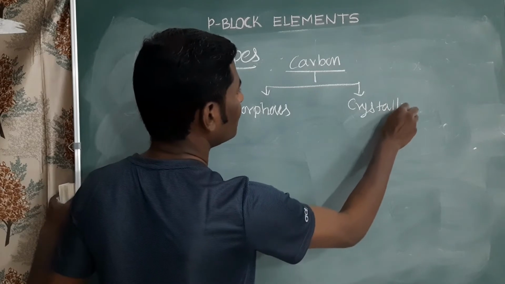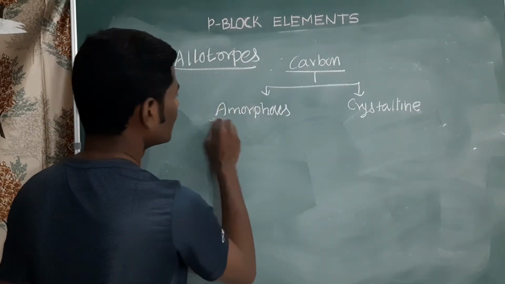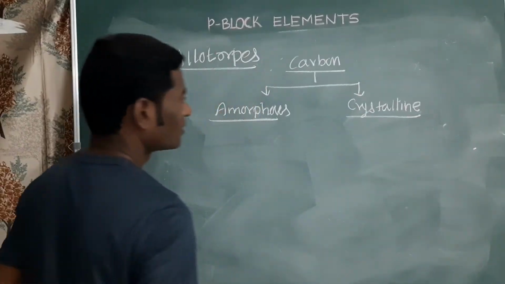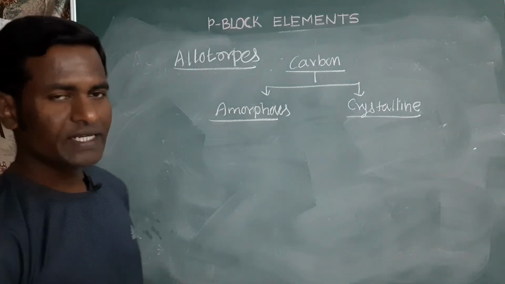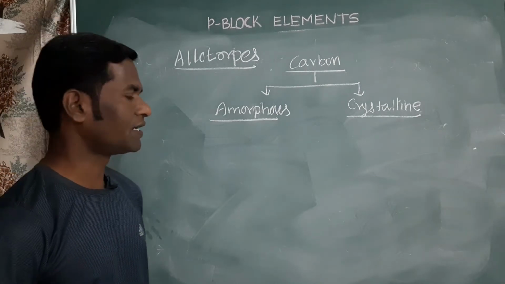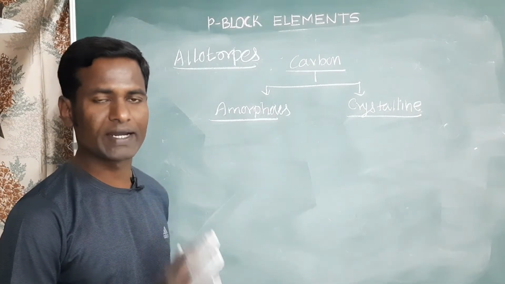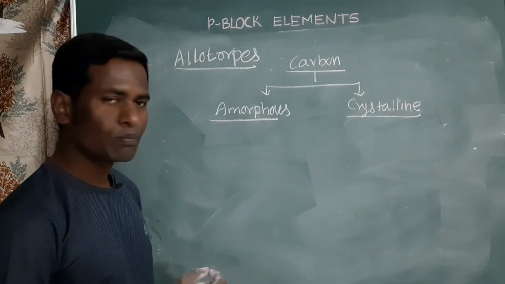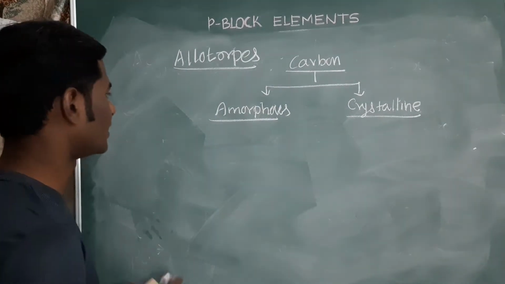What is the difference between amorphous and crystalline? In amorphous, the atoms are arranged in an irregular or random manner, but in crystalline they are arranged in a regular manner with long range order, while amorphous has short range order.